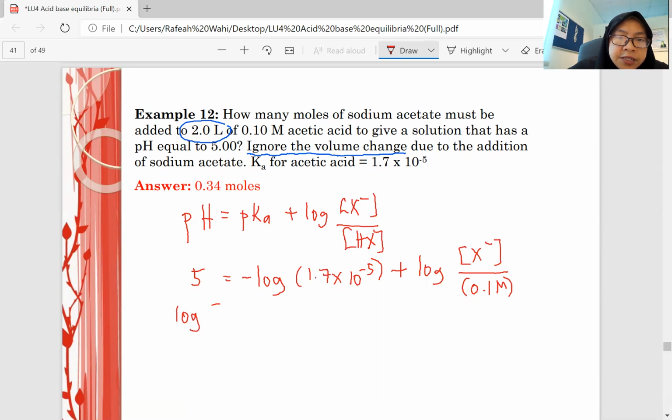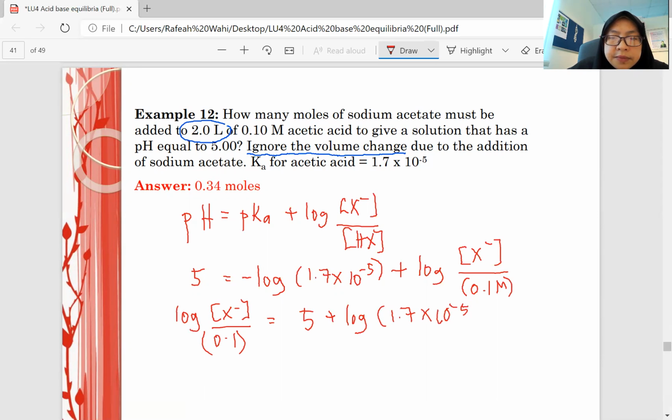Rearranging the equation, log of X over 0.1 equal to 5 minus pKa. After you have finished calculating this, you will get 0.2304.